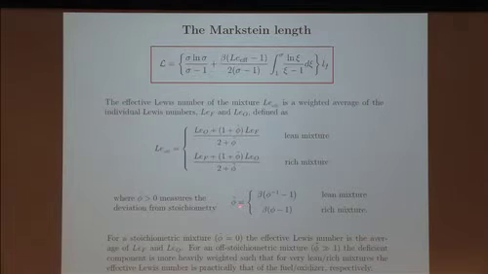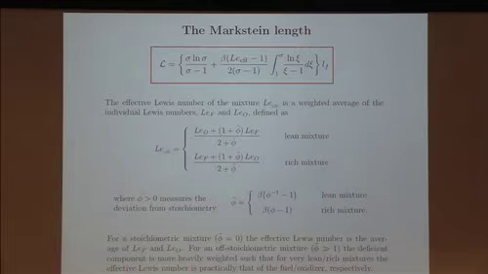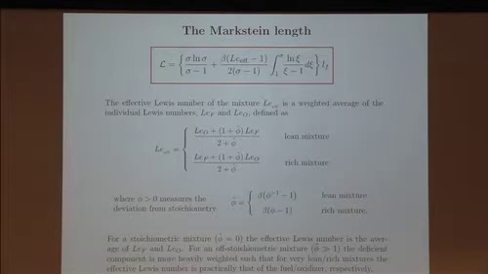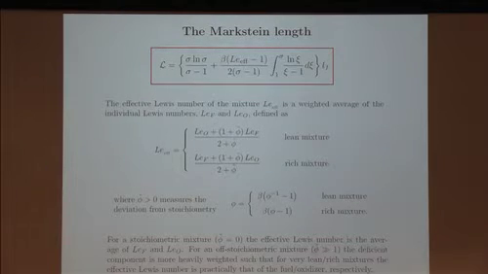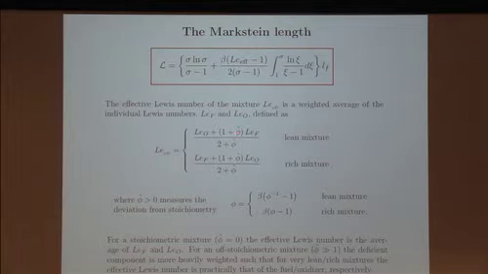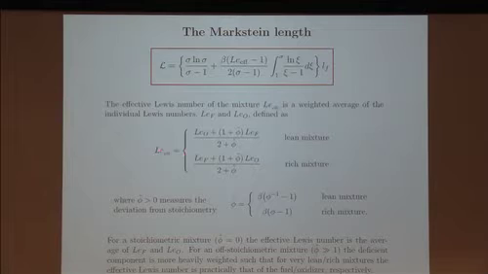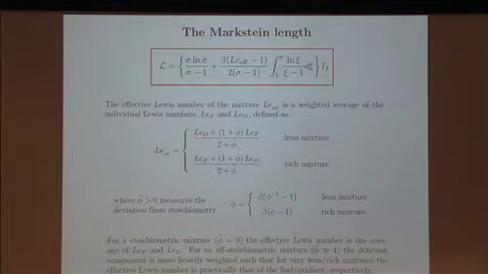In other words, it's equal to the reciprocal of phi minus 1 for lean mixture, and it's phi minus 1 for rich mixture. So phi tilde is always a positive quantity that shows the deviation from 1. So if phi tilde is 0, which means that you're exactly at stoichiometry, then the effective Lewis number is exactly the mean of the two Lewis numbers, okay?